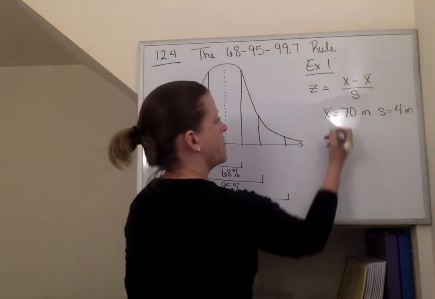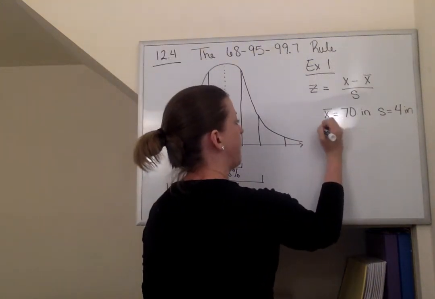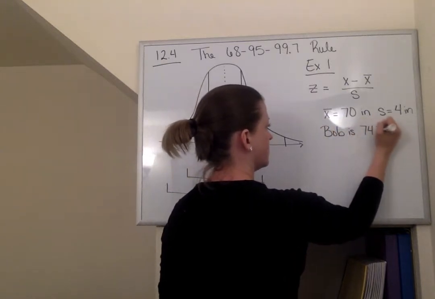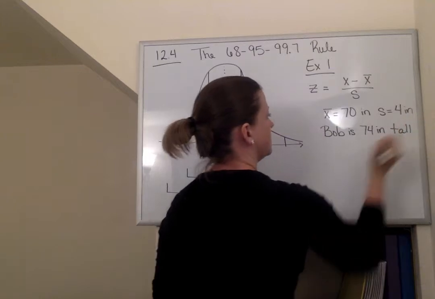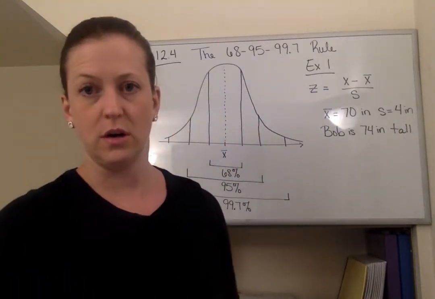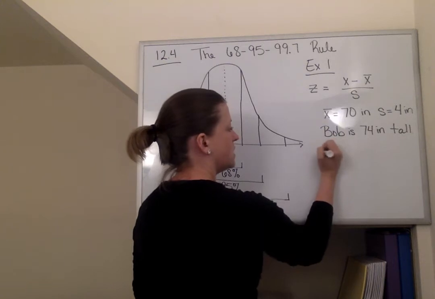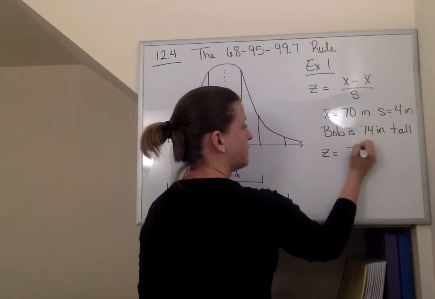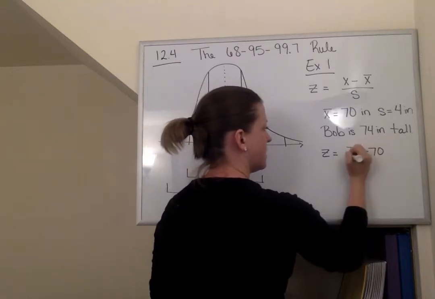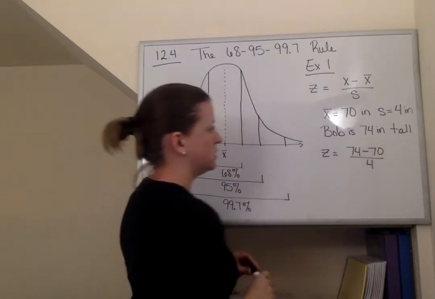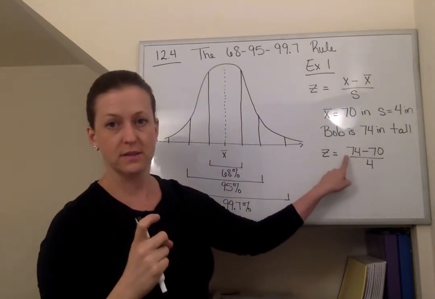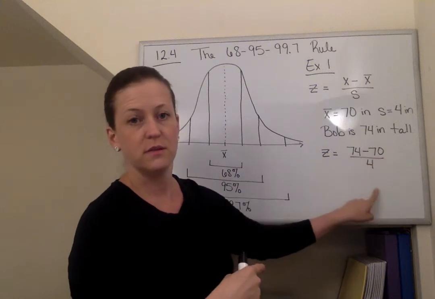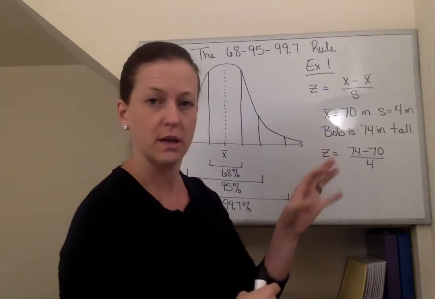Okay, so let's say Bob is 74 inches tall. His z-score would be 74 minus 70 over 4. This is my x in this case, 70 is the mean, and 4 is the standard deviation, so I'm plugging in my values.